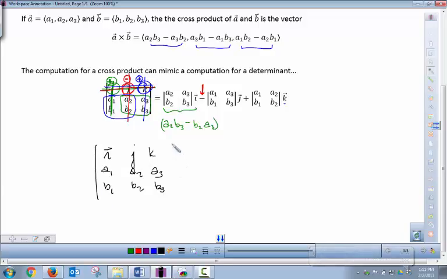And so what they do is they expand or extend this and add the first two columns again. So I and J column again. A1, A2, B1, B2. And then they look at the diagonals, and then they multiply all these. I missed that last B.